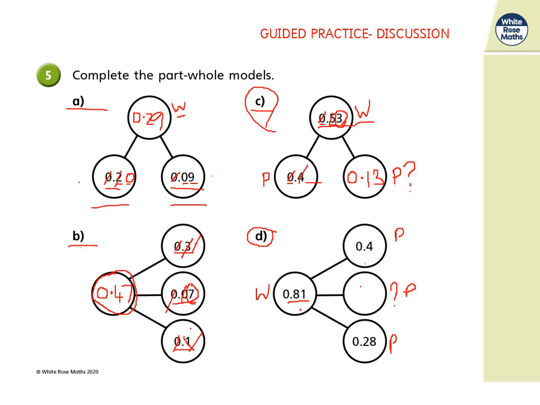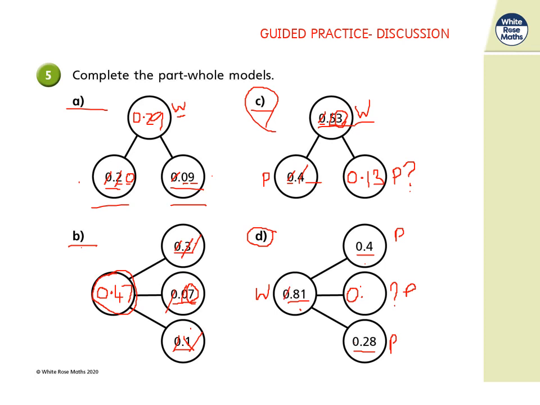So my whole is 0.81 and I have the parts 0.4 and 0.28. Now, I need my tenths to add up to 8. Do I need anything for my ones looking at those parts that I've already got and my whole? No, you're correct. Good. I don't need any parts because my whole doesn't have any ones.